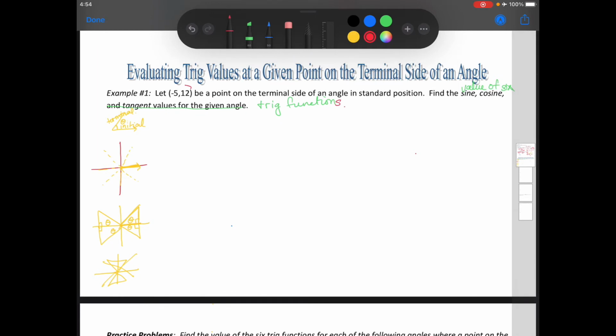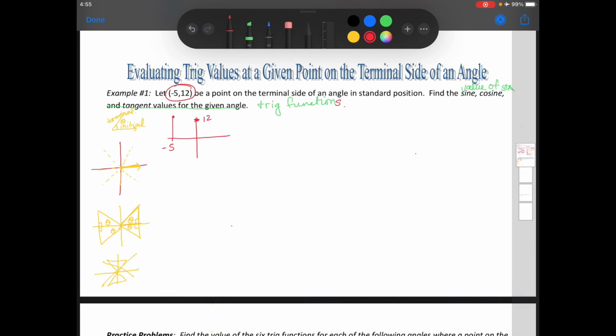So the first thing to do is to sketch this point. I always like to draw pictures. If I take this point, (-5, 12), it will be a point something like this, right? This would be 5 and this would be a little higher, 12. So negative 5 actually.